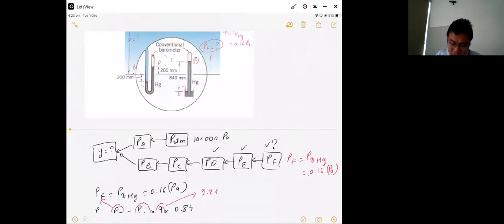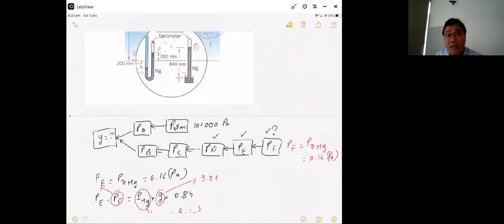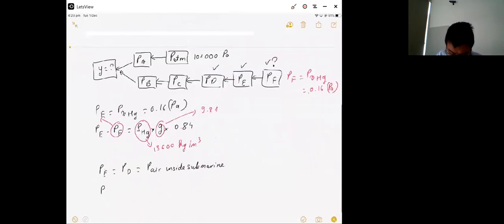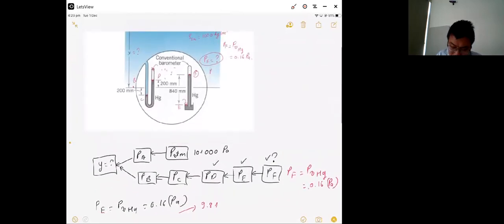From pressure D you find pressure C. C is below D. So you will have PC minus PD equals rho g times the distance between C and D, mercury.